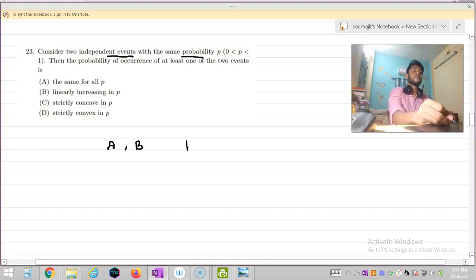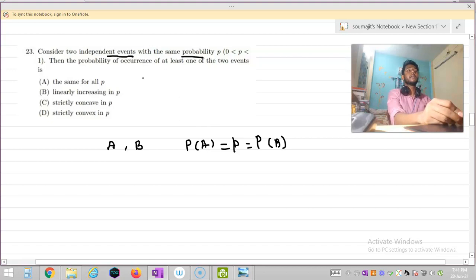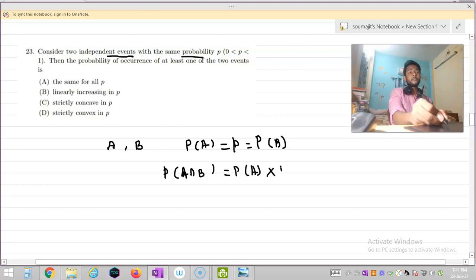So probability of A is equal to p, which is equal to probability of B, and it is given that A and B are independent, hence probability of A intersection B is equal to probability of A into probability of B. So this is p into p, which is p squared.